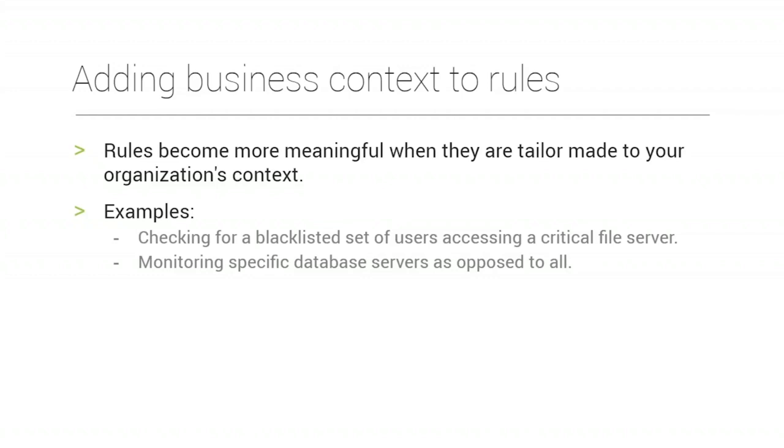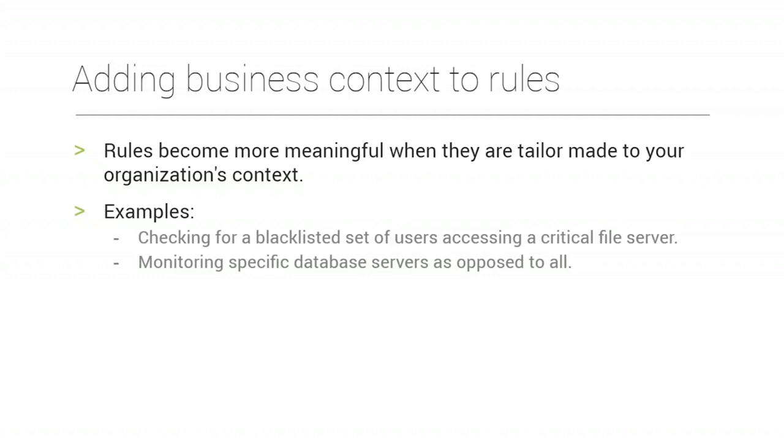But when there are confidential files on a critical server, it's obviously natural to assume that a lot of employees may be accessing those files on that server quite often. So you don't want to be alerted for all of this. But let's say you have a list of blacklisted users who you know can be suspected of malicious intent.